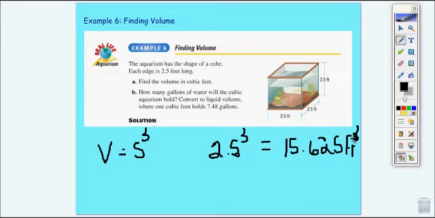Now, it then says how many gallons of water will the cubic aquarium hold, and convert the liquid volume where 1 cubic foot holds 7.48 gallons. So we would take all of the cubic feet we have just figured out, 15.625, and each one of those is going to hold 7.48 gallons. So that means we can multiply.